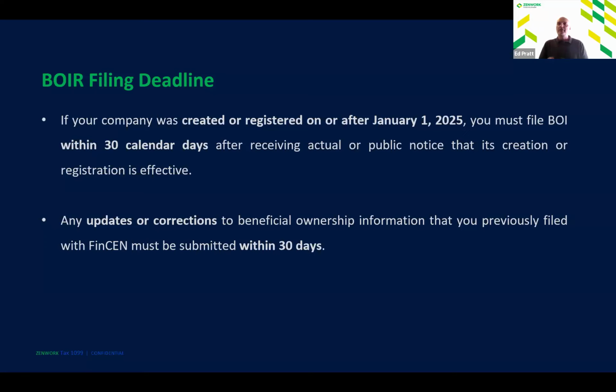When that change takes place, they've got 30 days to make that report of the new or changed beneficial owner information as they're going through that change in circumstance that is requiring some additional beneficial ownership information to be filed. So these are what we have for the deadlines.